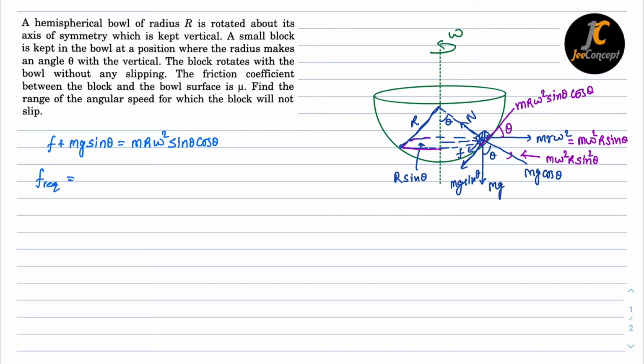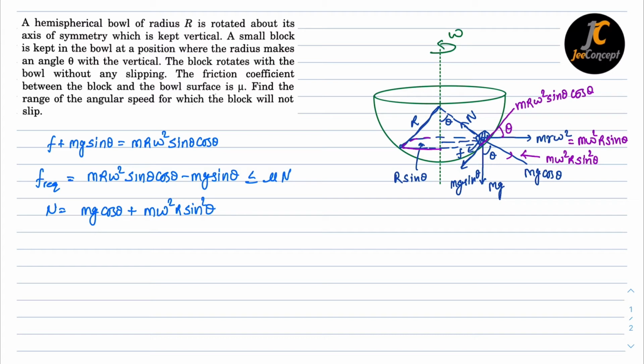So f equals m r omega square sine theta cos theta minus mg sine theta, and this should be less than or equal to mu times N. Now the value of N is nothing but mg cos theta plus m omega square r sine square theta.